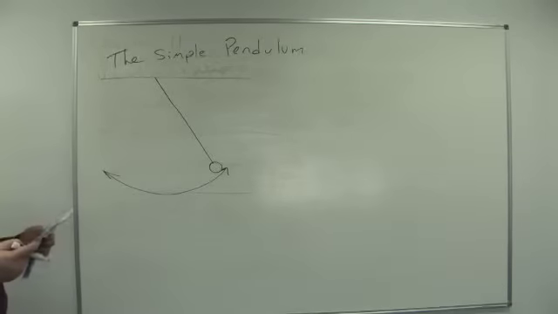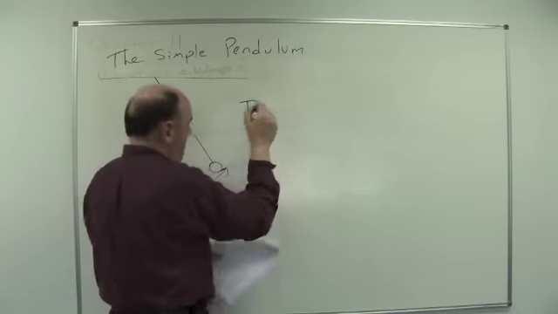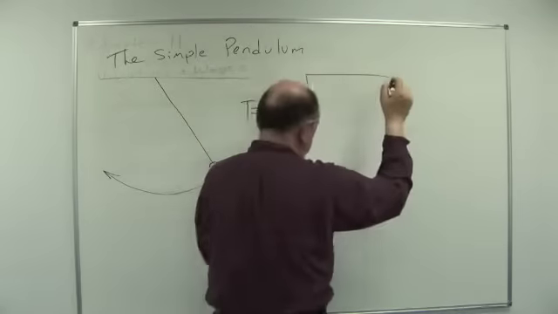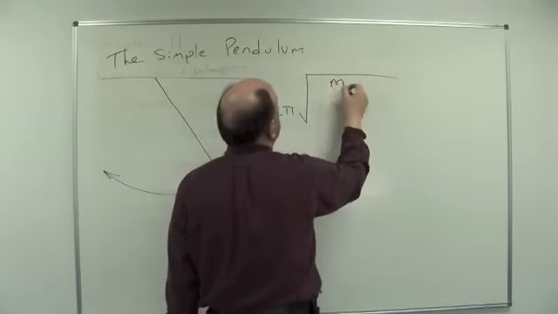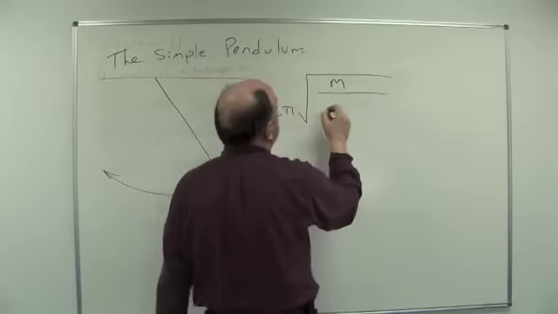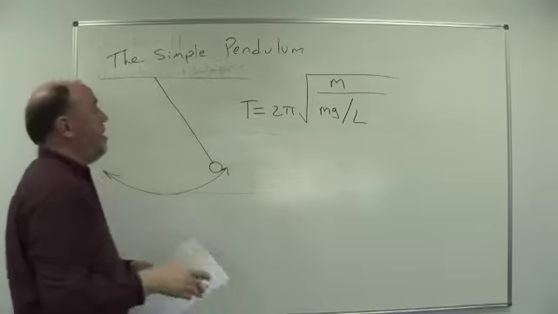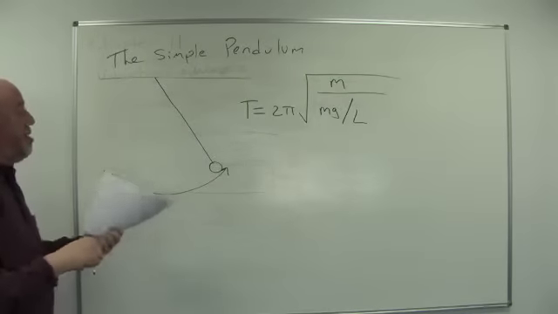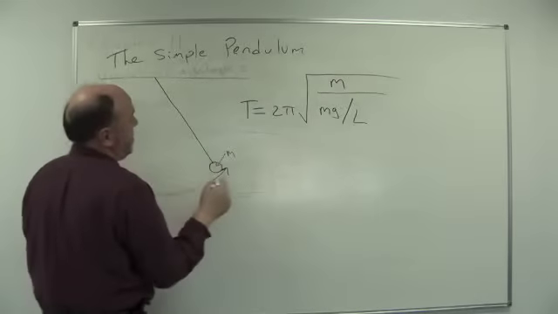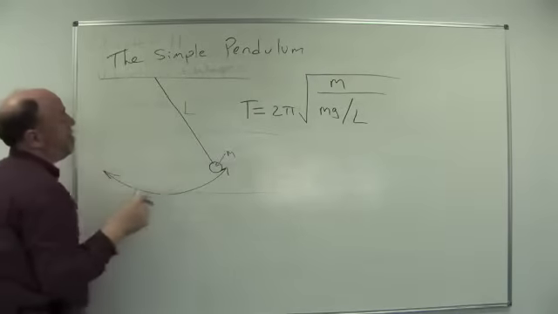So it ends up that the period for this is going to be given by 2 pi times the square root of the mass of the bob divided by mg over L. Here m is the mass of the bob, and L is the length of my string.